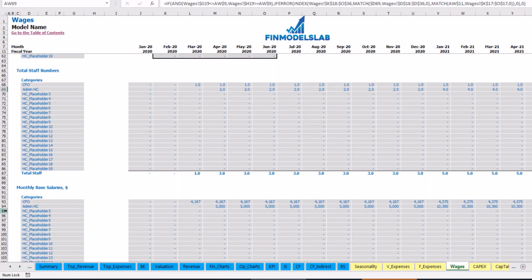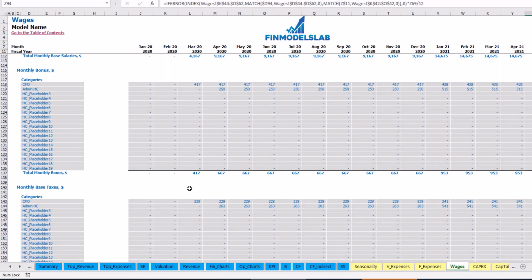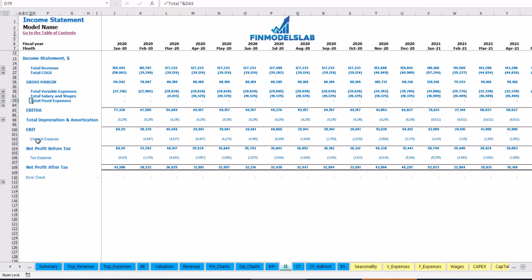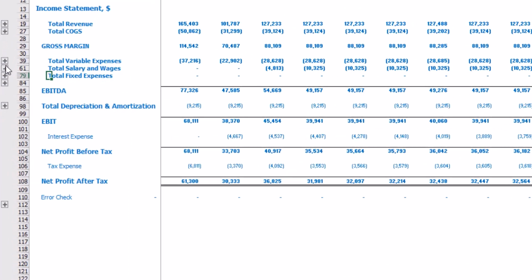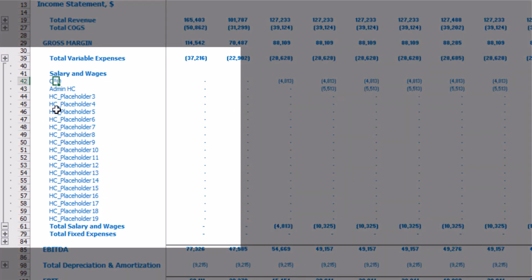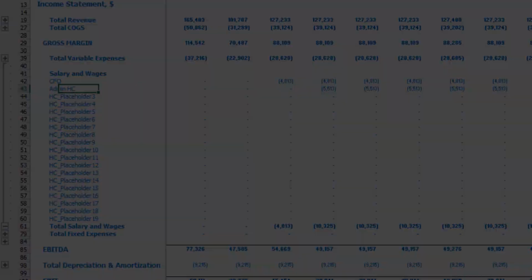Again, the calculation of salaries for these headcounts, calculation of bonuses, and calculation of monthly taxes. In the income statement, under total salaries and wages, you may see the total amount of bonuses, payroll taxes, and wages for these headcounts.